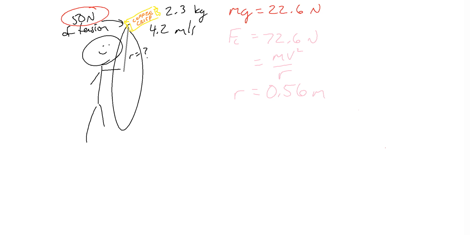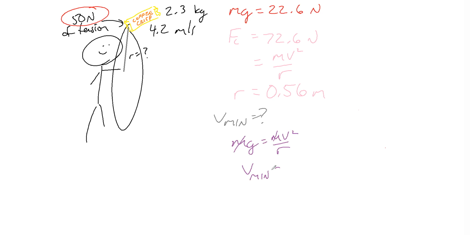So what if he wasn't making it around the circle? What would be the minimum speed required to get around? Well, then of course, the force of tension would be 0. You wouldn't feel anything at the top. So that again tells me that my mg would be equal to my mv squared over r. And of course, those cancel out again.